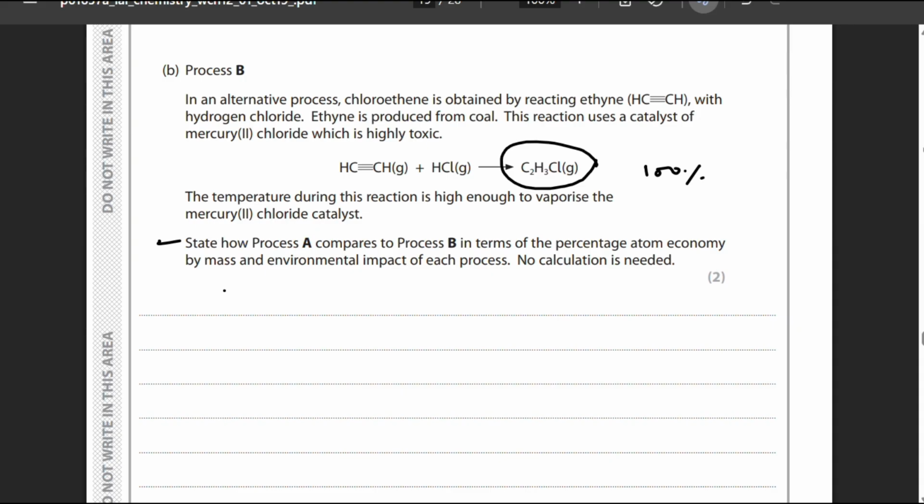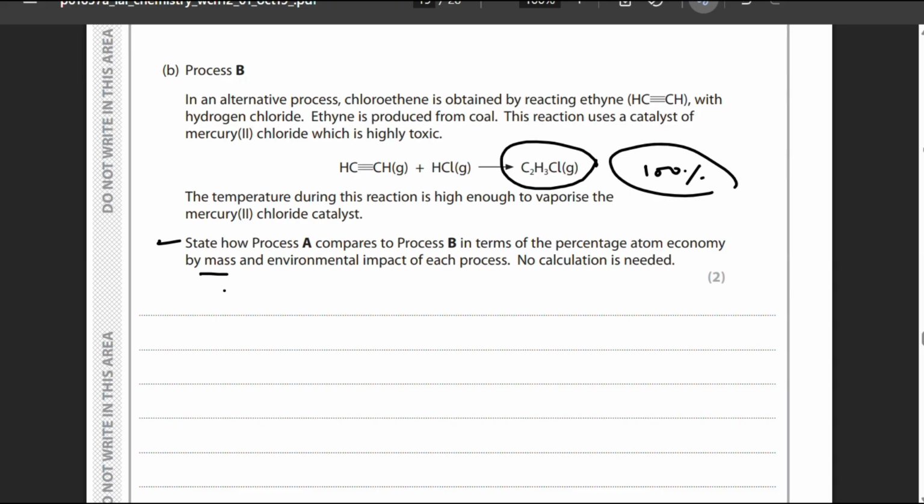Now state how process A compares to process B in terms of percentage atom economy by mass and environmental impact of each process. So by mass, process B has an atom economy of 100%, whereas process A has an atom economy of less than 100%.